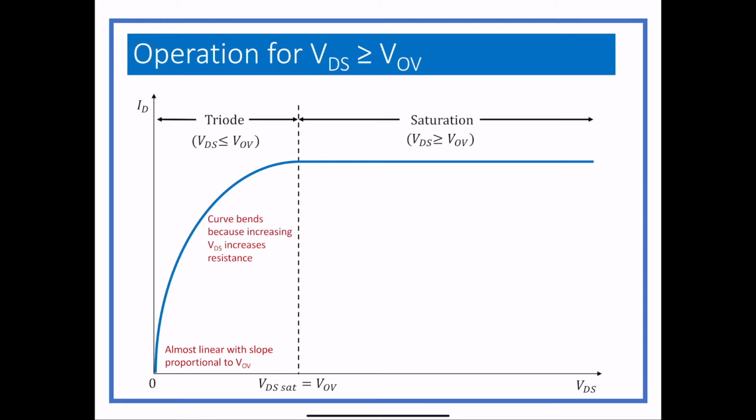And as it moves up in VDS values, the curve starts to bend because VDS getting higher is starting to increase the resistance, the channel is starting to change, and then the current ends up saturating due to the pinch off at the drain end. So VDS then doesn't affect the current at all. We just have values of VDS, and that line just remains, as you'll see later, not actually constant, but close to constant. So two areas of operation, saturation and triode.